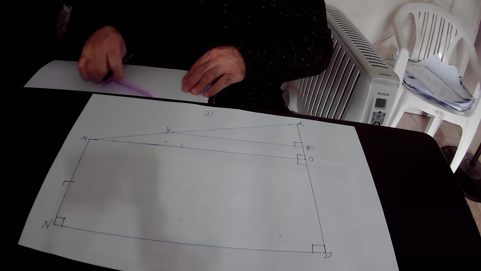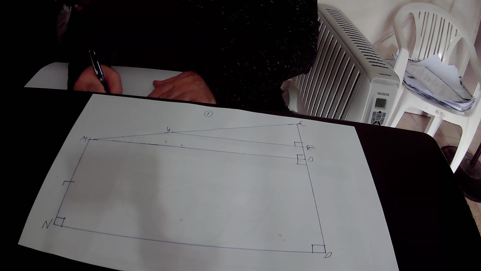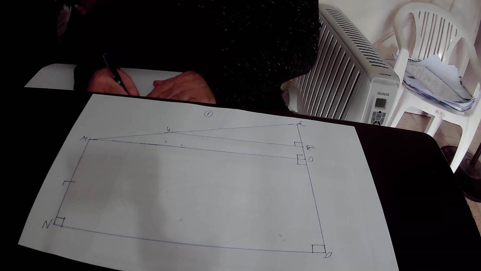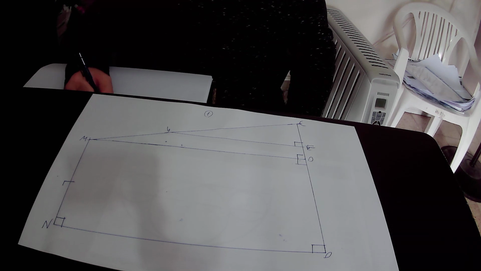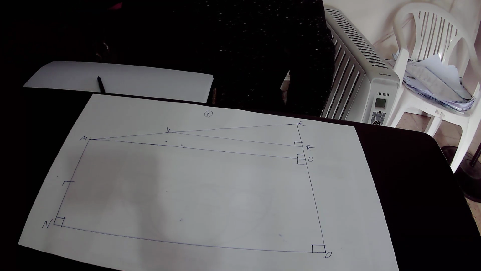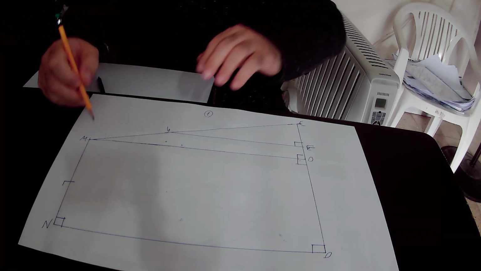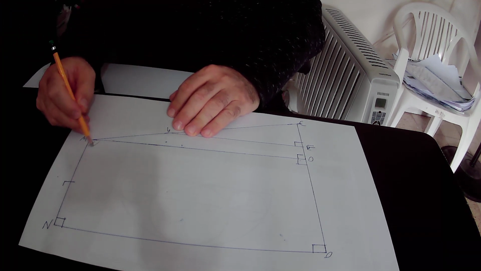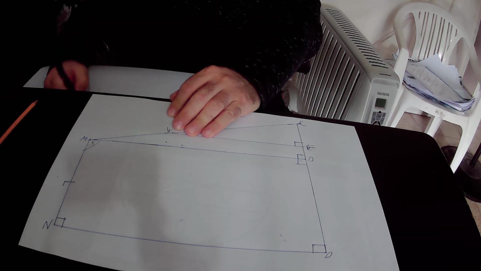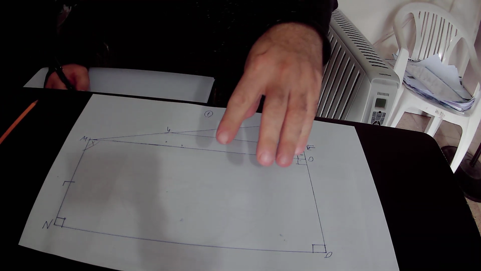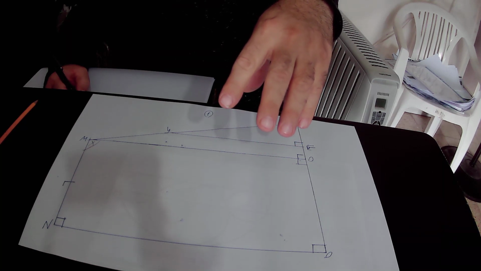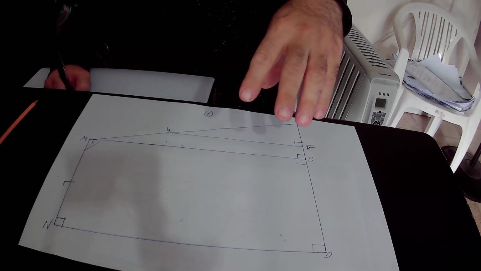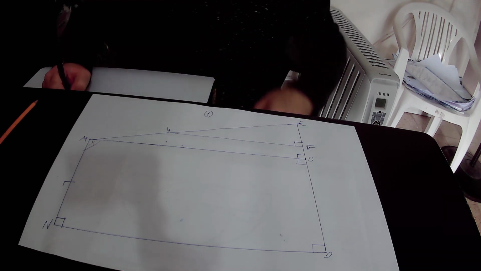has three right angles, and the sum of those three right angles is 90 times 3, which equals 270 degrees, plus the size of this angle that I will define as angle X. So the sum of those four angles inside quadrilateral MNOD must be equal to 360 degrees.